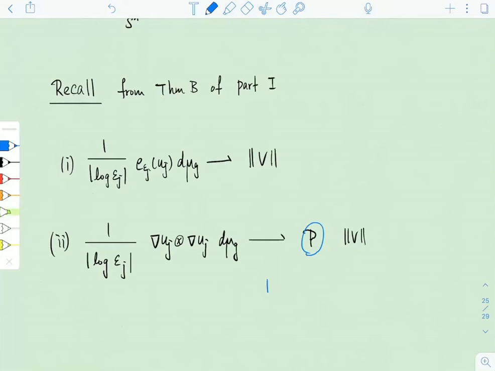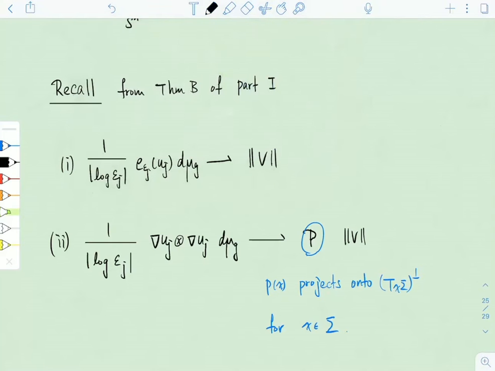So P_x projects onto T_x perp for x on the support, so for x on your submanifold.